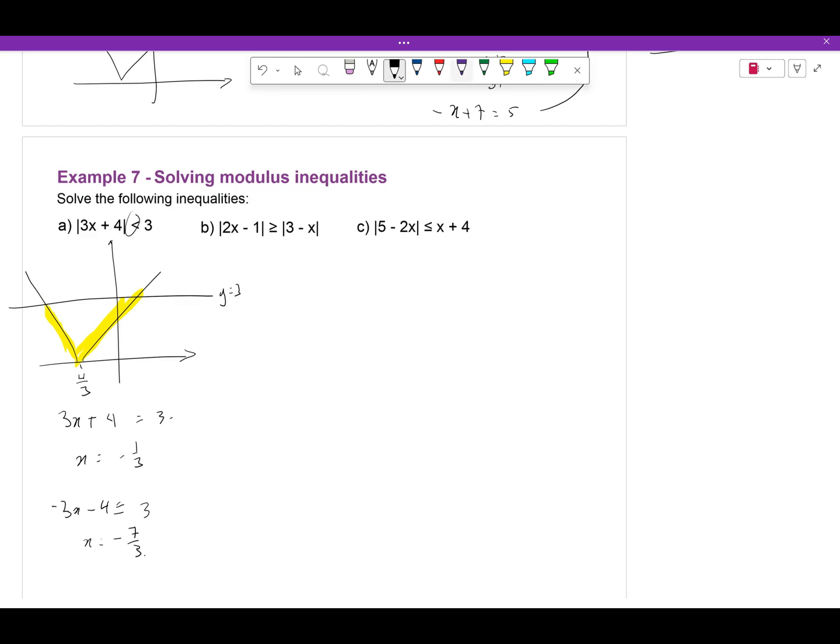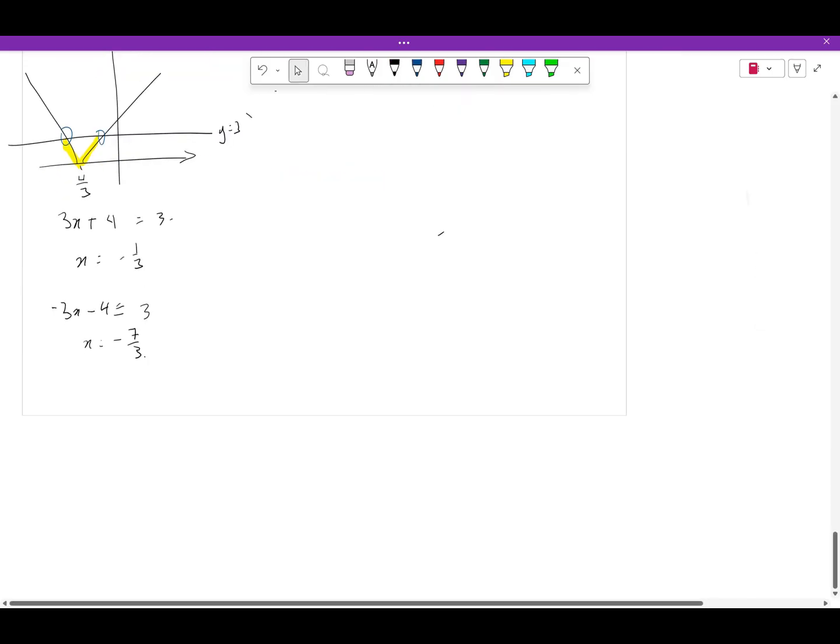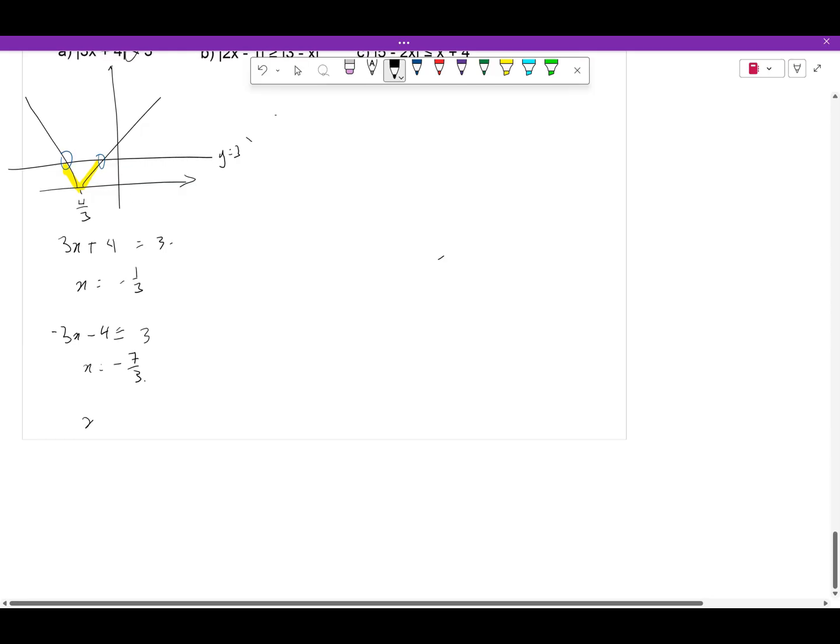So obviously this line should be below like this. Okay, so it's clear that here is 7 over 3 negative, and here is negative 1 over 3. So hence, our x in our inequality is going to be bigger than negative 7 over 3 and smaller than negative 1 over 3.